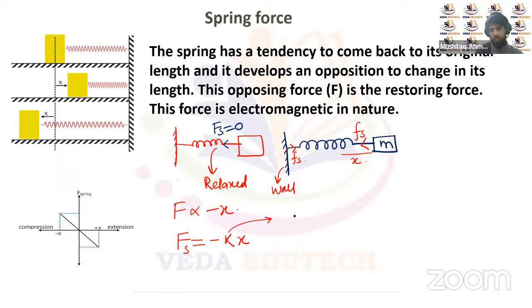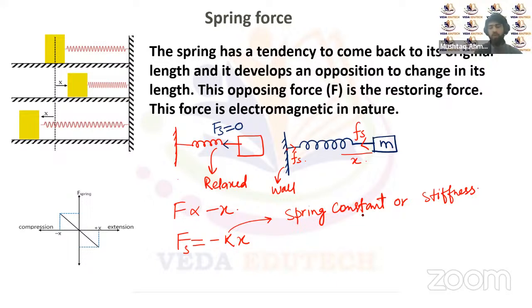Now this k we call the spring constant, or stiffness constant, or stiffness of a spring. This constant tells us how stiff a spring actually is. It means how easy or how hard it will be for us to extend a spring by a small extension. If the spring constant is greater, it will be very difficult for us to extend a spring.